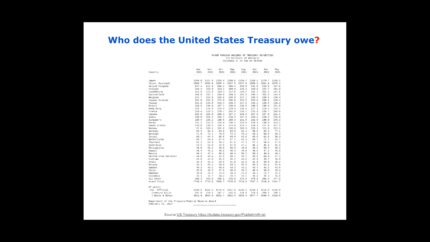So we can see here that some of the largest owners of our debt are the countries of Japan, China, United Kingdom, Ireland, Luxembourg. And you can also see that Japan has about $1.2 trillion in our debt. China has a little over a trillion. United Kingdom, half a trillion. It goes down pretty fast.